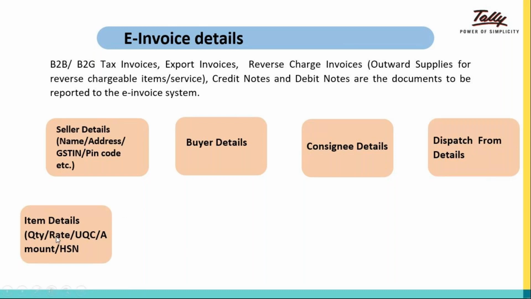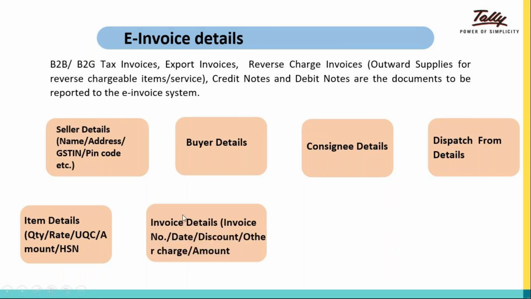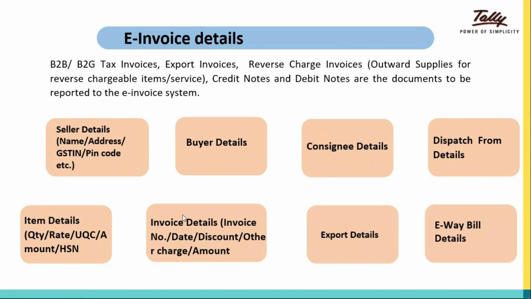You have the quantity, rate, UQC, amount, HSN code, all those things. You have the invoice details like the invoice number, invoice date, and export details, and finally the e-way bill details. These are all the details that an e-invoice shall contain. You can take a screenshot of this.